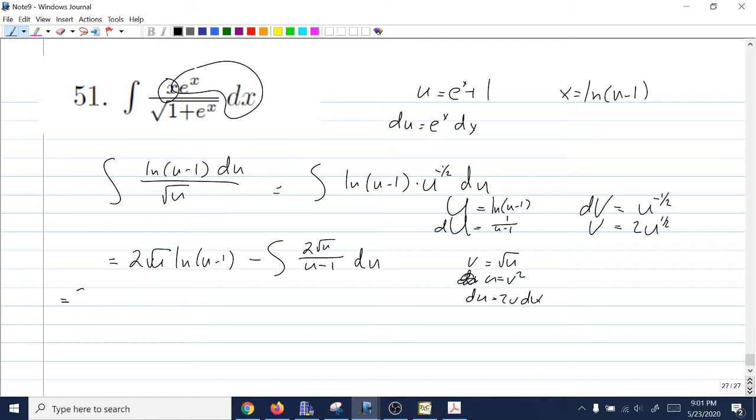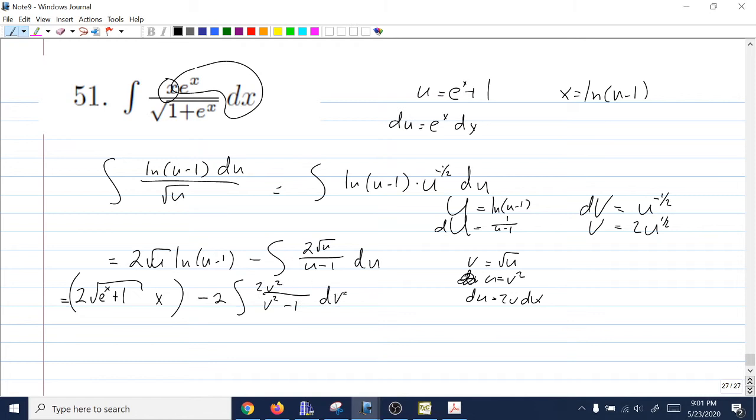This becomes 2 root e to the x plus 1. Natural log u minus 1 becomes just x, so that thing is all there. Minus 2, new integral is v over v squared minus 1. du is 2v.